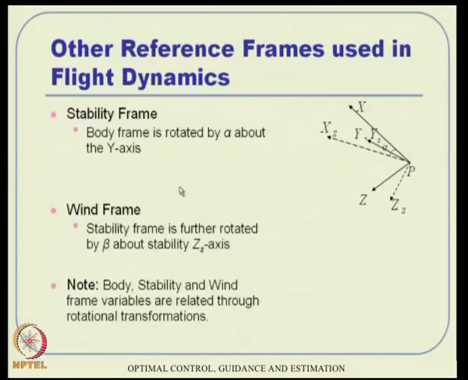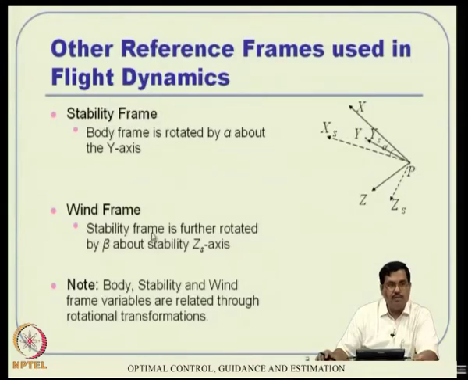Then also remember that this is not the whole story. In flight dynamics, people talk about various other frames. One is the stability frame, the other is the wind frame. There are neat properties out of these; especially in the wind frame, the aerodynamic lift and drag typically act. Sometimes the wind tunnel data will be given in terms of the stability frame.